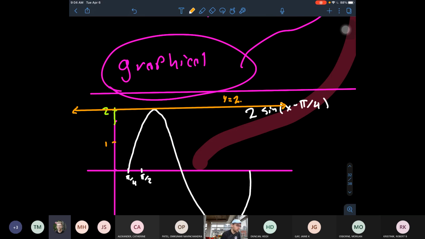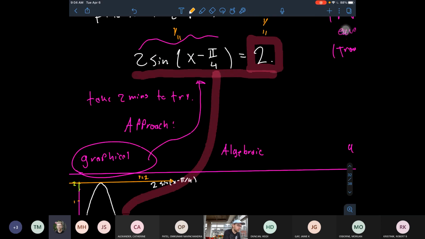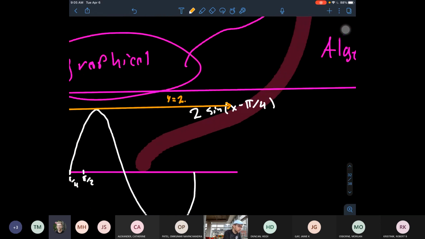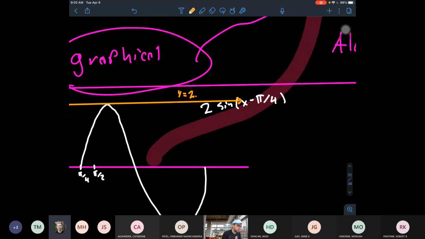And we want to know, ultimately, when are these two equations equal to one another? Well, as we've just recalled, two equations will be equal to one another when their graphs cross. So we want to find out when the graph of 2 times sine of x minus pi over 4 crosses the line y equals 2.